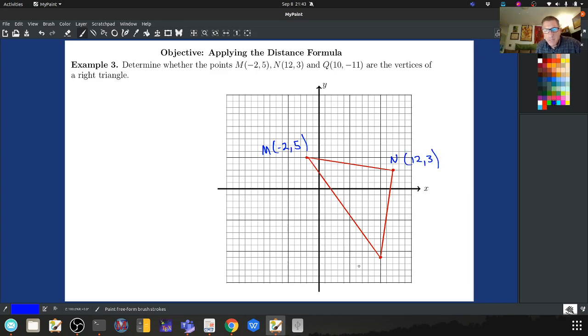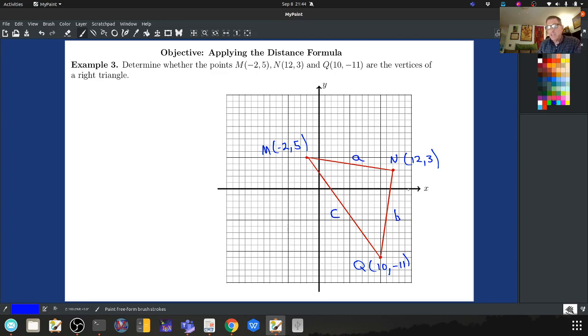And this point down here is Q, and it's 10 and minus 11. So clearly the line segment between M and Q is going to be the hypotenuse. So this would be C, and we could say this side is A and this side is B.